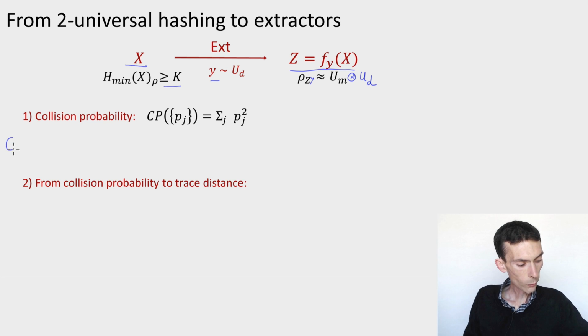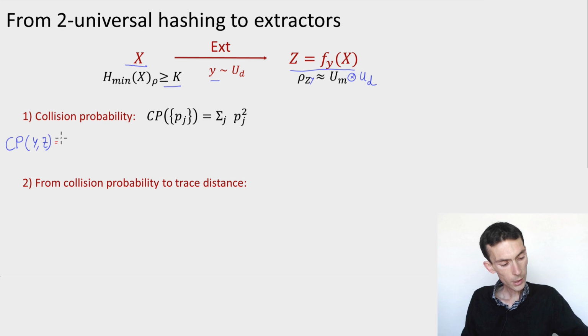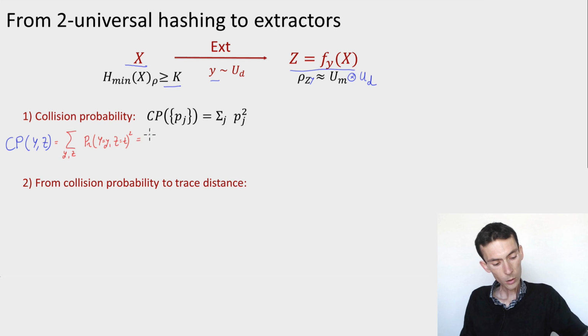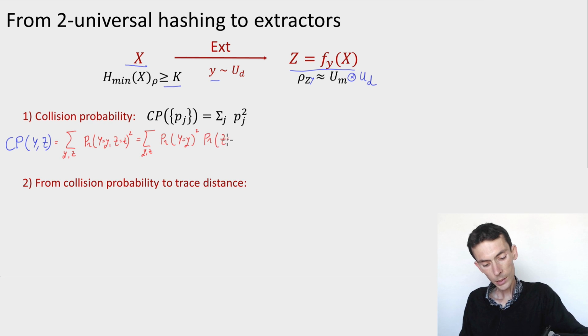So we have to evaluate the collision probability of y and z. Now, by definition, this is equal to the sum over all possible values they can take of the probability that y is equal to y and z is equal to z, squared, which I can split as the sum over all y and z of the probability that y is equal to y squared times the probability that z is equal to z conditioned on y equal to y, squared.